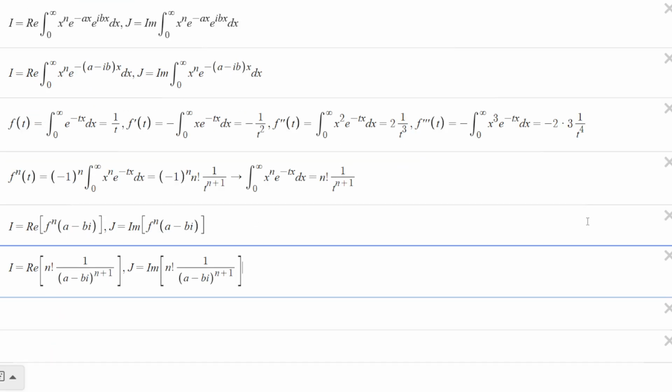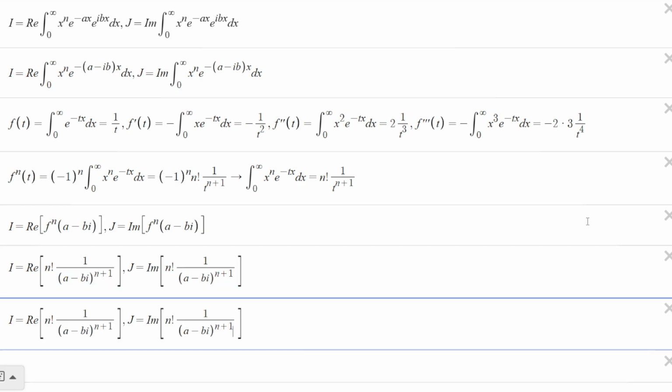Okay. So now what? Well, now we basically have it. Now we just need to take the real and imaginary parts of that. Okay, so I'm thinking of multiplying the top and the bottom of both of these by a plus bi to the n plus 1.